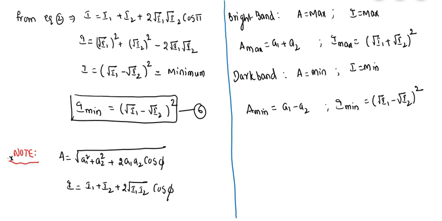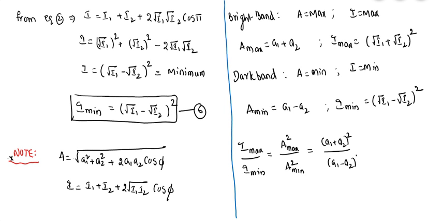We write in ratio form, that is I max by I min is equal to A max square by A min square, where A max is A1 plus A2 and A min is A1 minus A2, so A1 plus A2 whole square by A1 minus A2 whole square, which is equal to I max by I min, we can also write as root I1 plus root I2 whole square by root I1 minus root I2 whole square. This is the final formula.